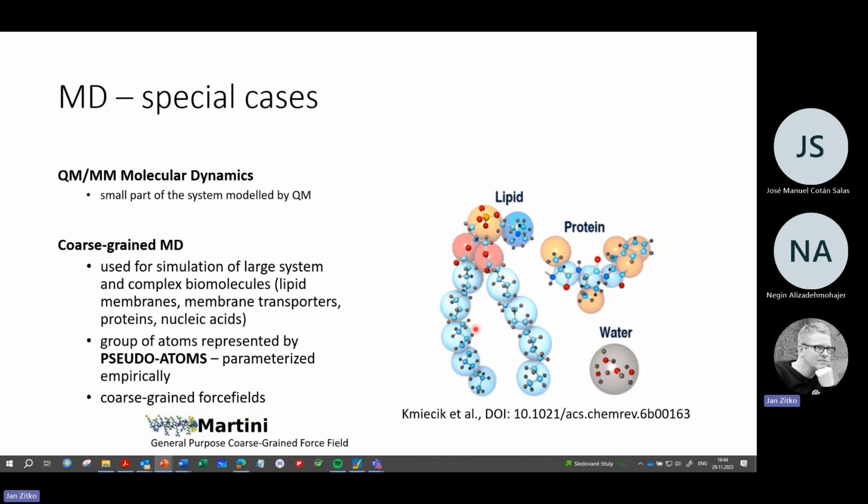I said that the whole of molecular dynamics is based on force fields, so it's molecular mechanics. It's true, of course, because we have a very huge number of atoms, so we cannot do quantum mechanics, but there are methods. Imagine that you are simulating, I don't know, your ligand in a protein, and this protein is a metalloenzyme, for example, so it has a metal ion in the active site, and your ligand is bound to the metal in the binding site.